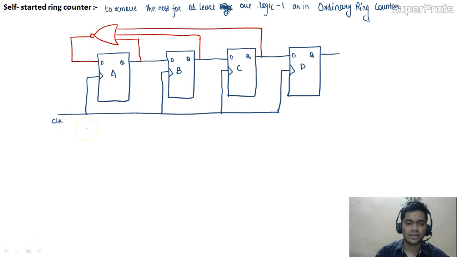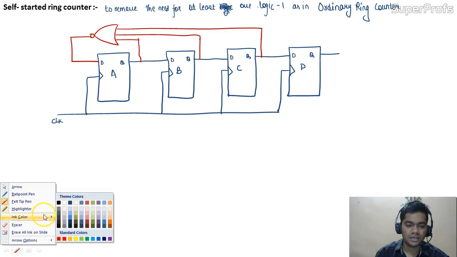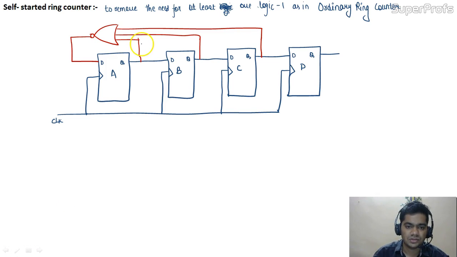So in the ordinary ring counter, we are not able to start our counter with QA, QB, QC, QD as 0, 0, 0, 0. But in this we can put 0, 0, 0, because when QA, QB and QC are 0, 0, 0, the output of the NOR gate would be 1.